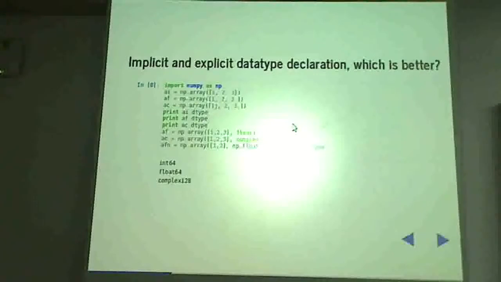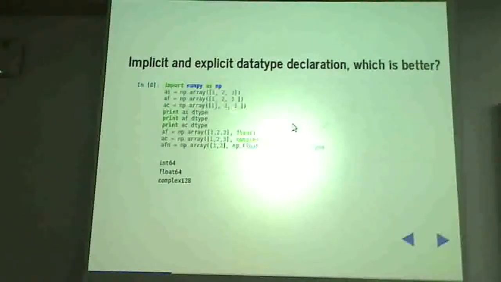In the second case, I have a 3. over here, so it realized that there are 2 integers but the third one is a float, so it up converts all of them into float. Now if you print the data type of that object AF, I get a 64-bit float.